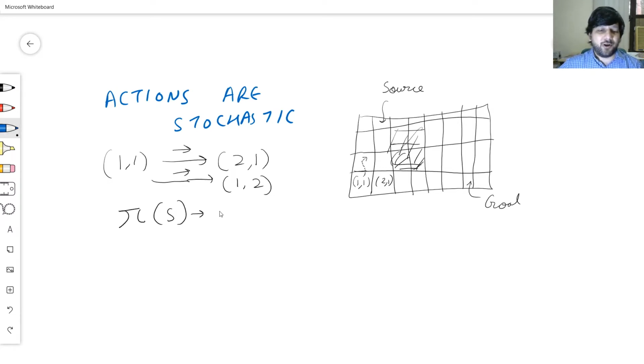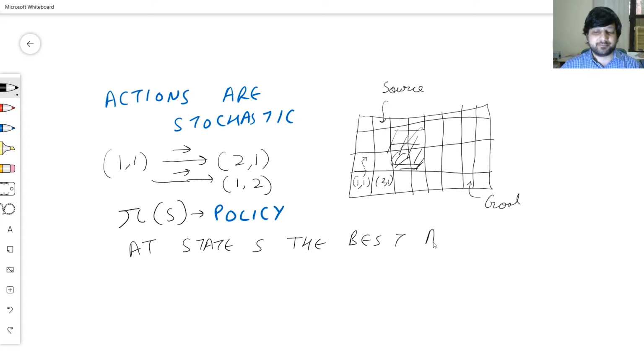So this is what is called a policy, which means at state S, I get the best action. So it could be up, down, right, left. It appears to me that at 1, 1, if I really need to reach the goal, the best action should be a right so that I can go. Sometimes I'll slip, but I'll see what to do.